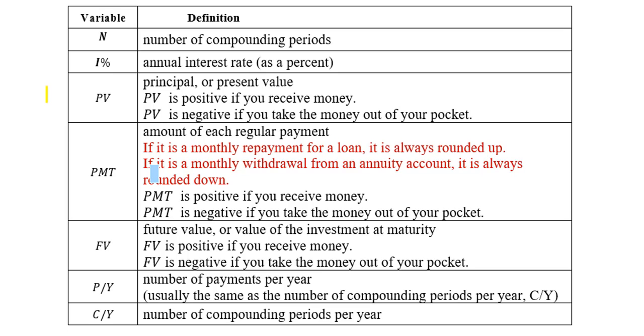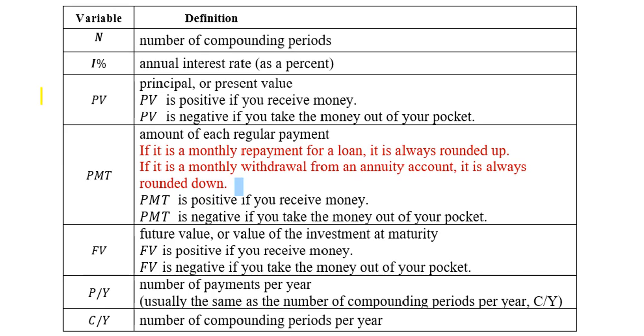If it's a monthly withdrawal from an annuity account, it's always rounded down. Otherwise, you will withdraw more money than the desired amount. PMT is a positive if you receive money. PMT is a negative if you take the money out of your pocket.